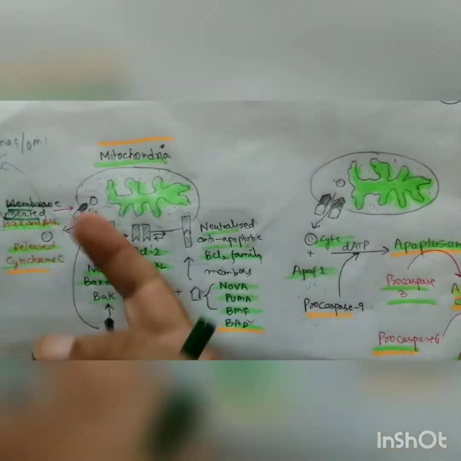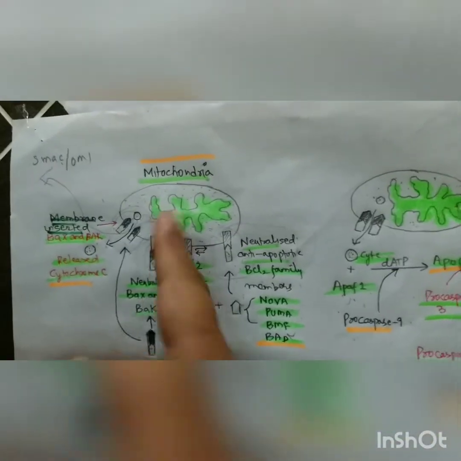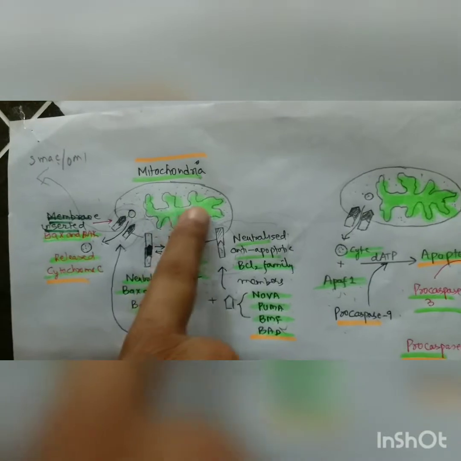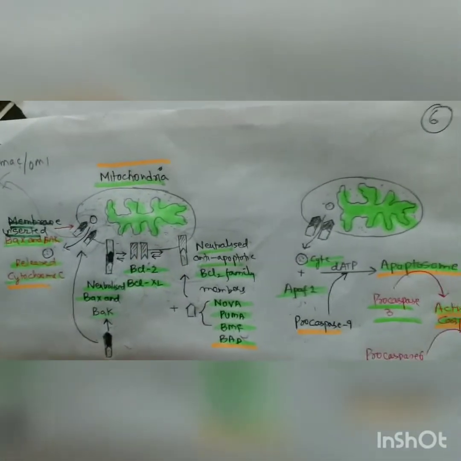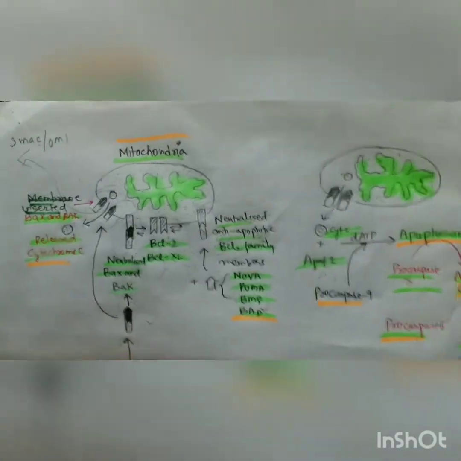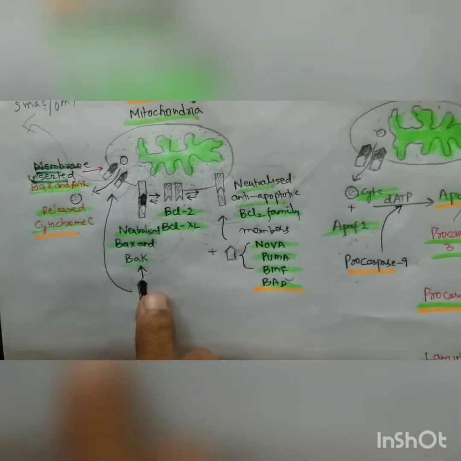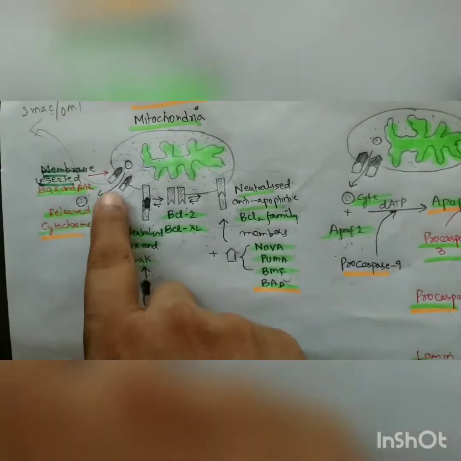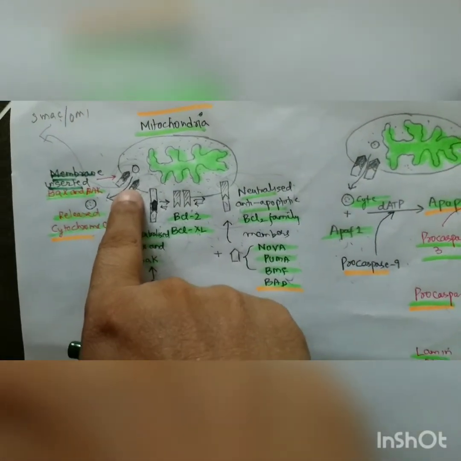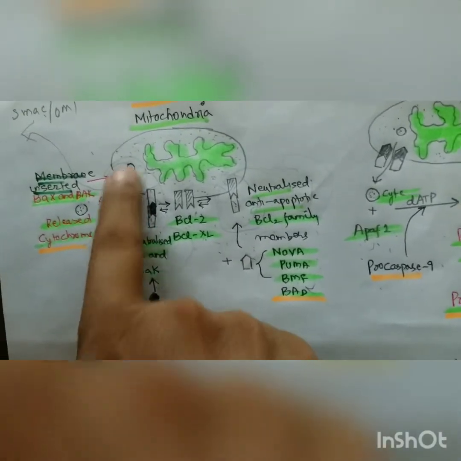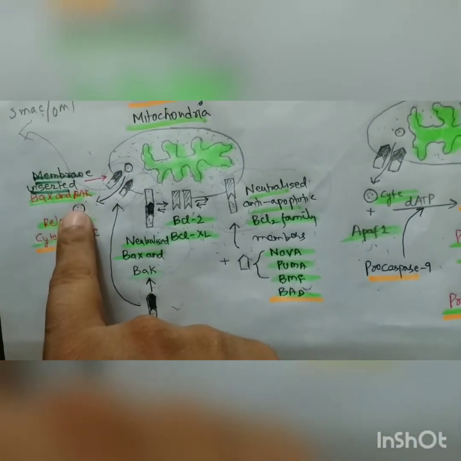Right? See, here we have the mitochondria, and in this mitochondria, first BAX and BAK enter the membrane and result in pores and allow cytochrome C to come out.